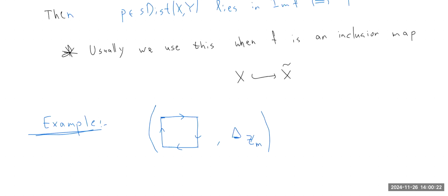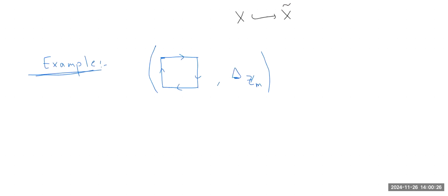So here, actually, we know that if we take this one, two triangles, this one up is included in this.